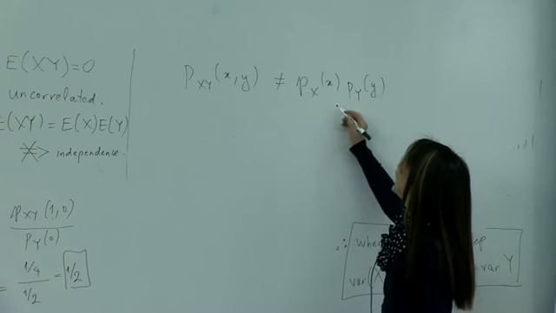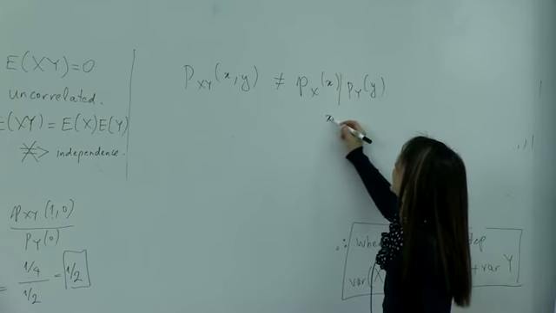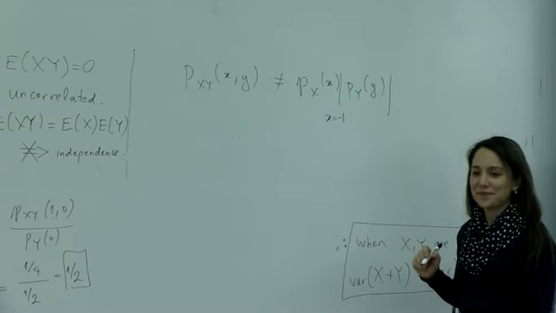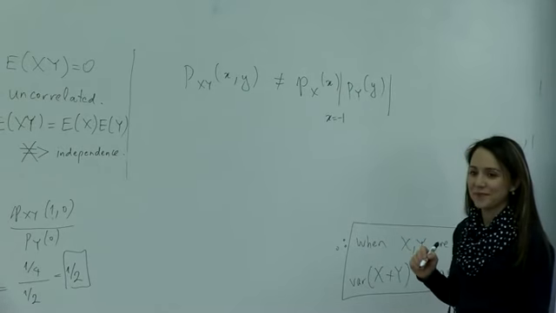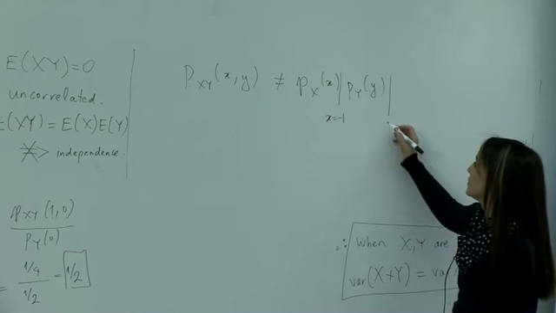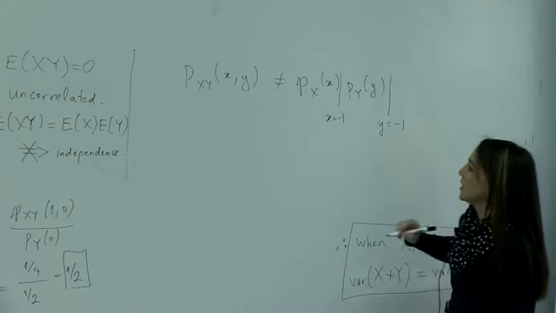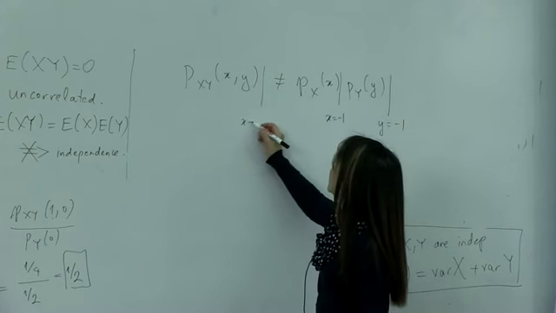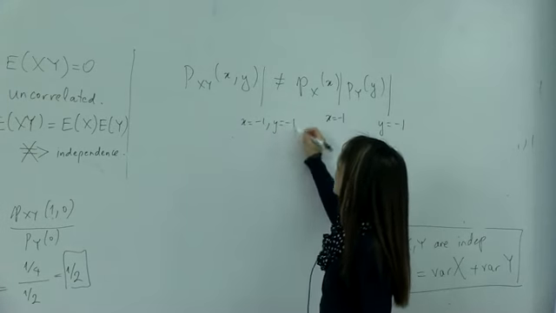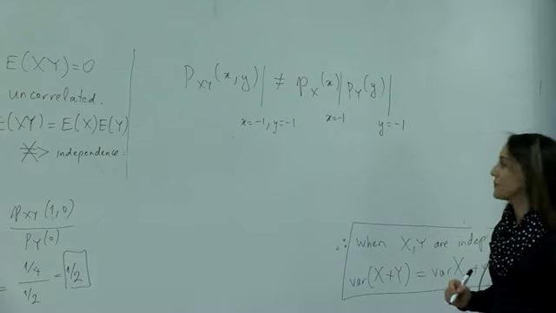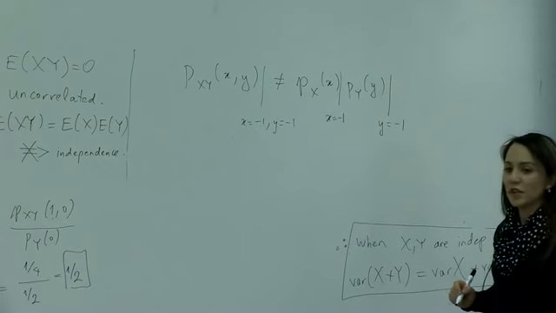Okay. So let's do that at x equals -1. And y is what? -1. So let's compute this at x equals -1, y equals -1. What is that? Tell me.